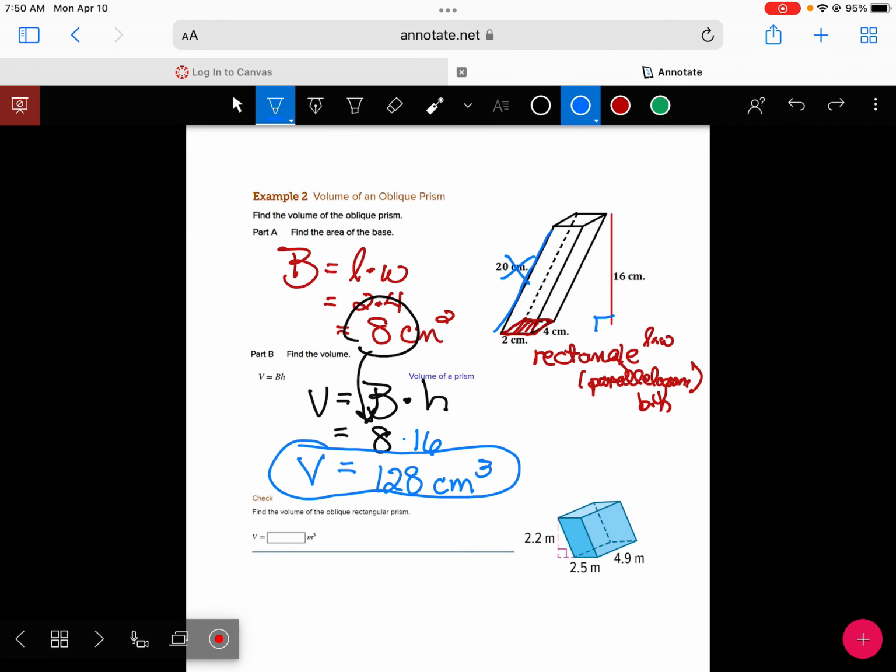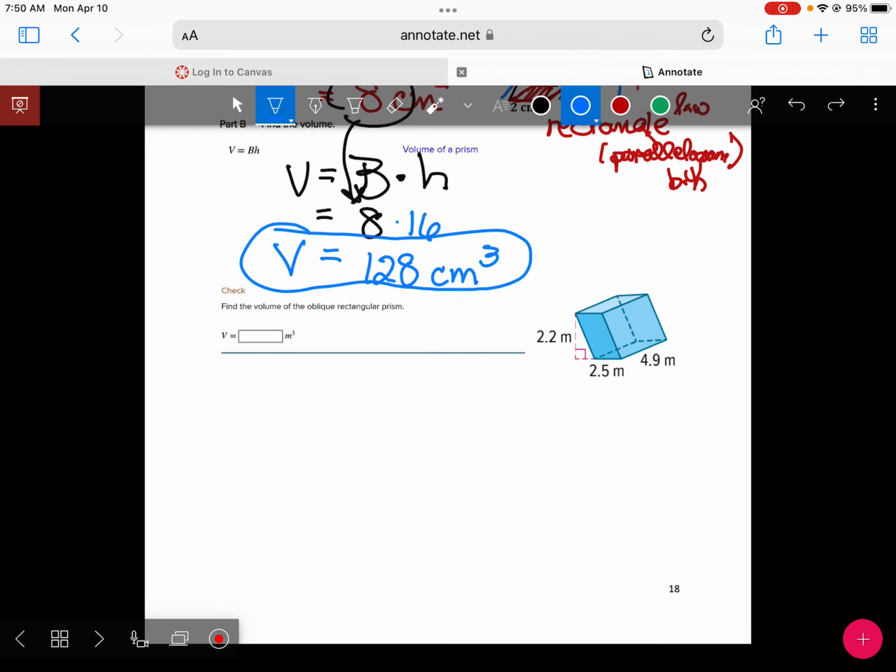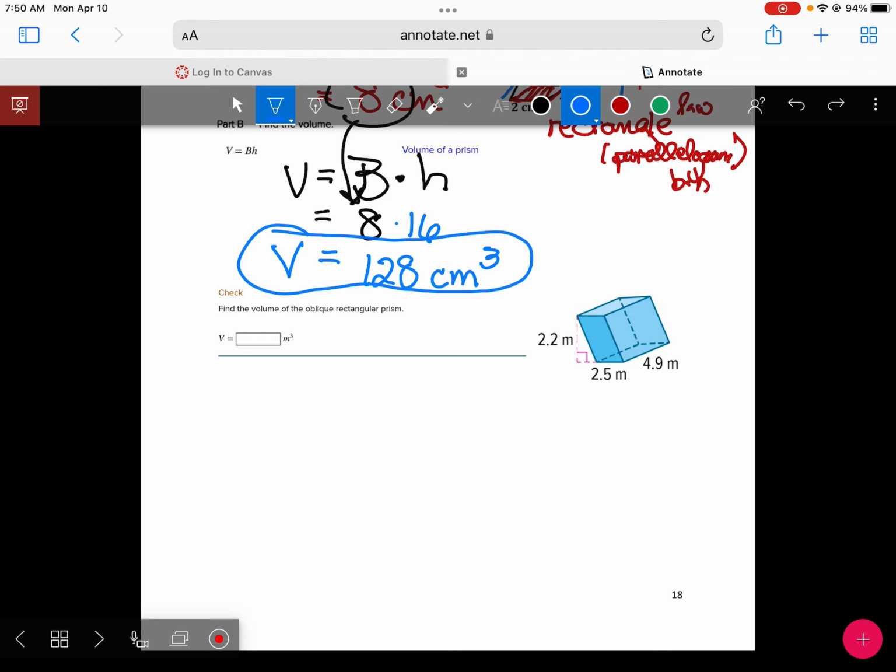And they did not tell us what it says, just the oblique prism. Okay. Down at the check, I'm not going to do this one totally with you, but it calls it a rectangular prism. So you would find the area of your base times your height. Okay?